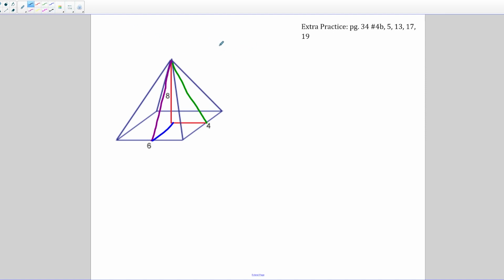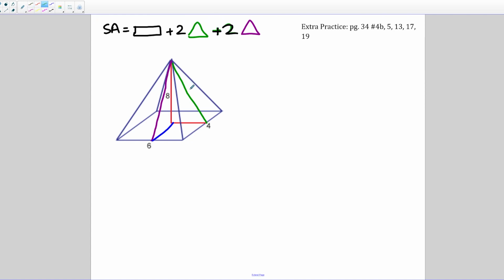And so from here, we can establish our surface area formula with some pictures. So the surface area of this is going to be my rectangular base plus 2 of my green triangles, so the ones with the green slant height, plus 2 of the ones with the purple slant height. And let's do that in black.